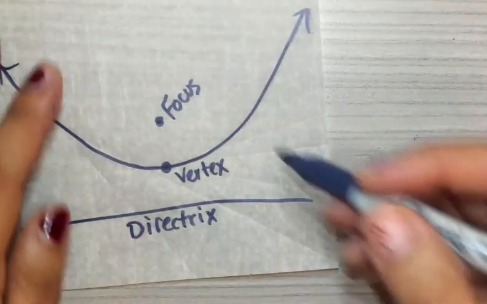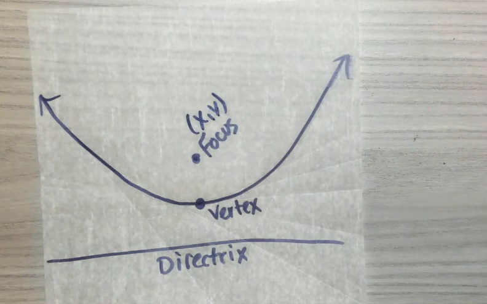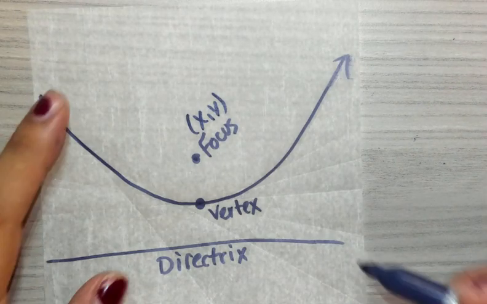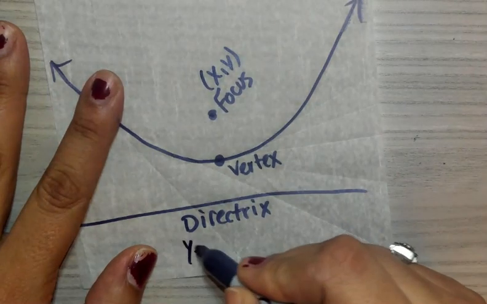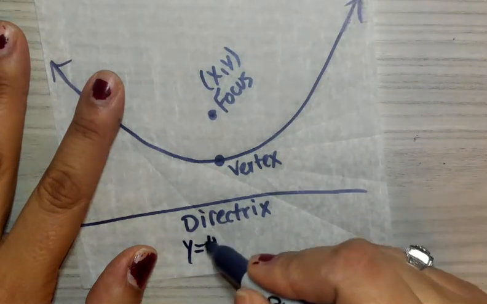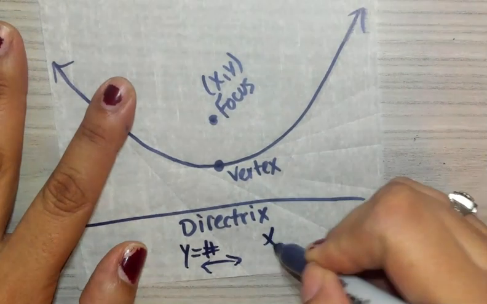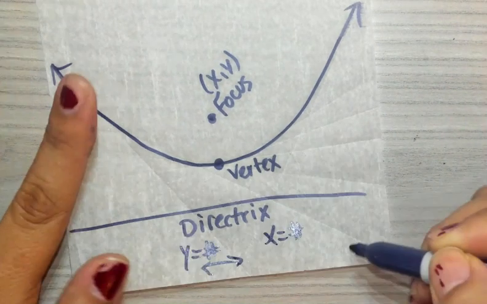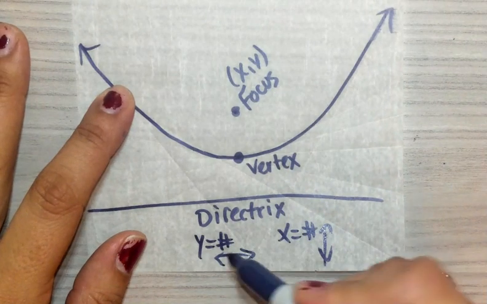So it's just a visual to help you remember that the focus is a point that you have to use or find. And a directrix is a line that is sometimes written as y equals if it's a horizontal line, and it's written as x equals if it's a vertical line.